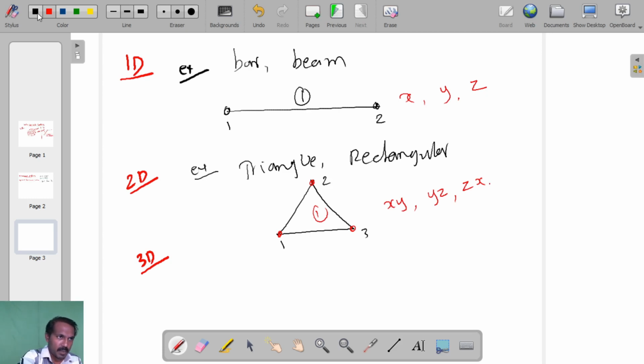Then three-dimensional elements. Examples are tetrahedral or hexahedral elements.